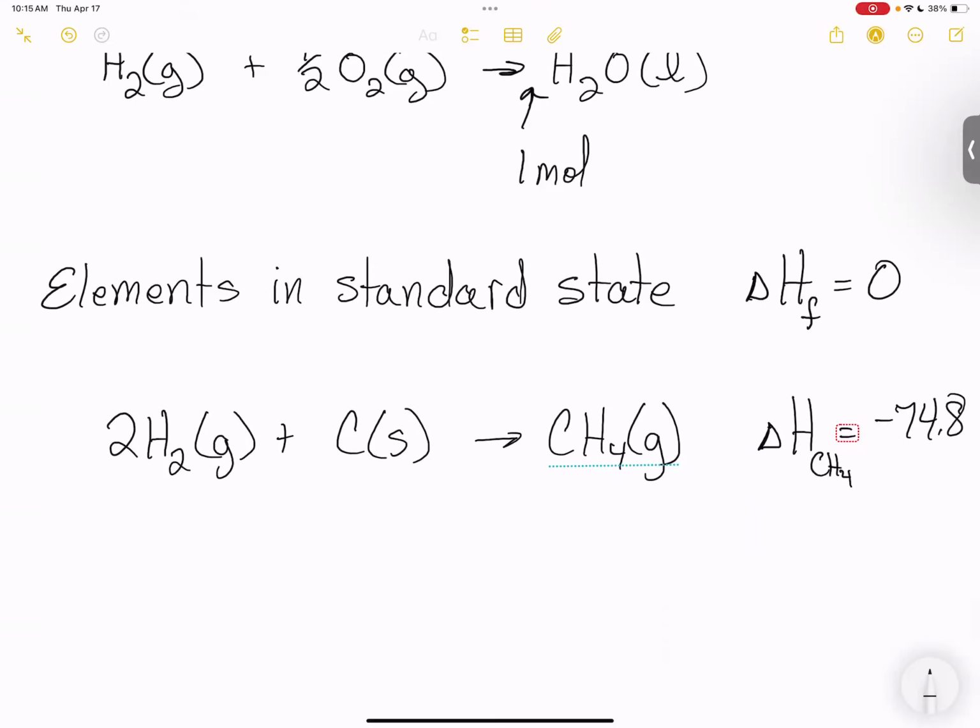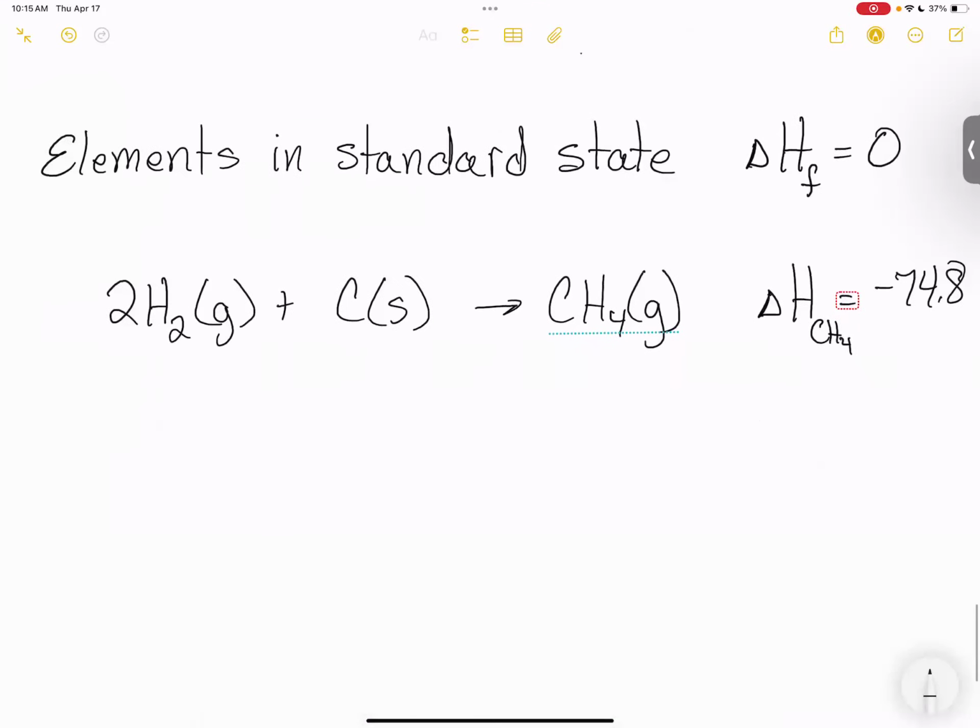That negative 74.8 is all due to the methane, because hydrogen in its standard state is 0. Carbon in its standard state is 0. So literally this negative 74.8 is completely due to that methane. That's why it's called an enthalpy of formation. One mole is formed from its elements in their standard state, therefore the enthalpy is strictly associated with that element or that compound.